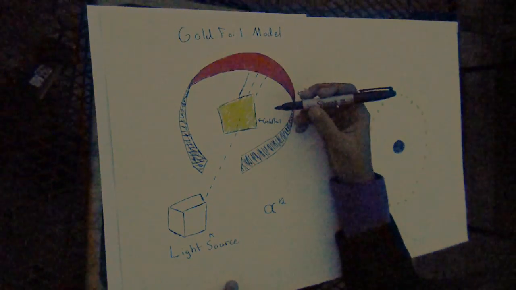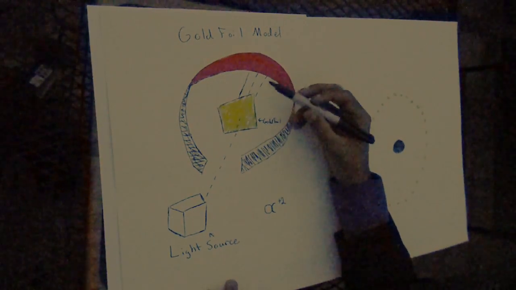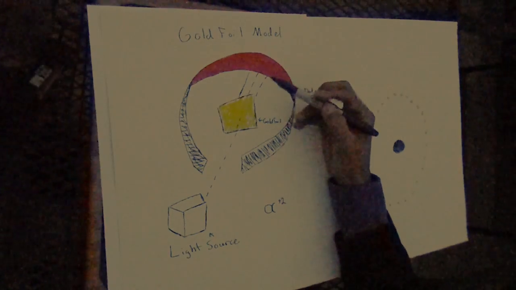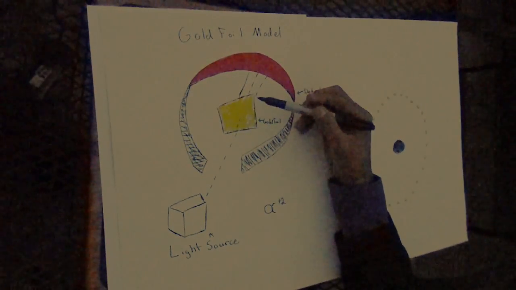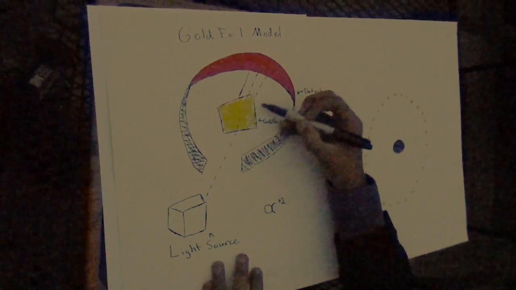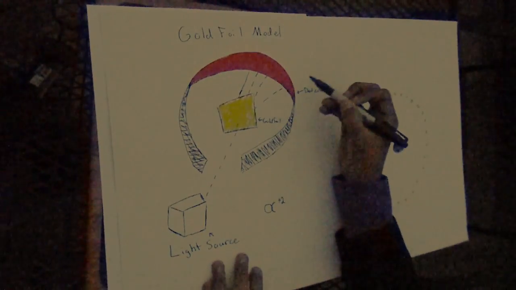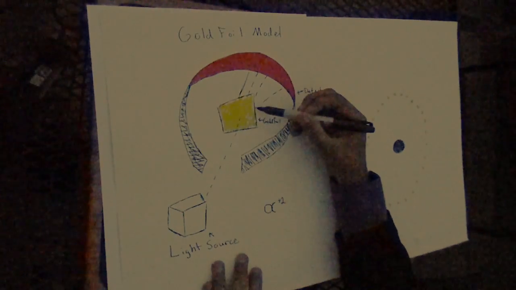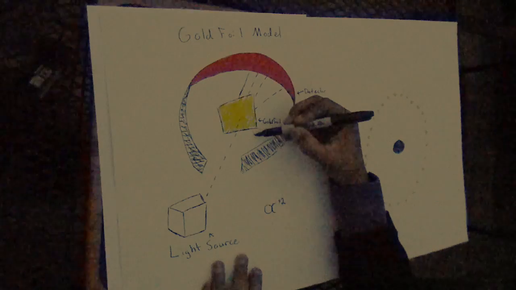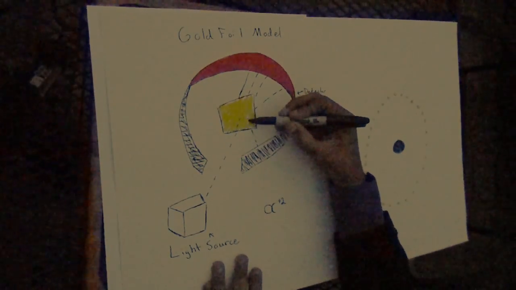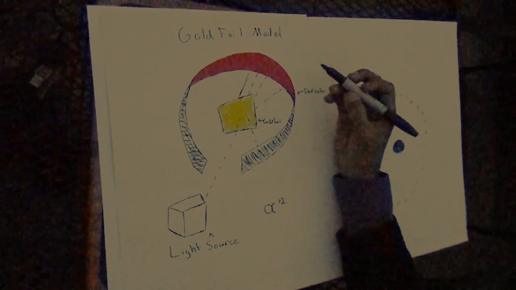Okay, so as I was saying, some of the alpha particles shoot straight through the gold foil, some reflect off and go into the detector, and some actually even bounce back, like so.